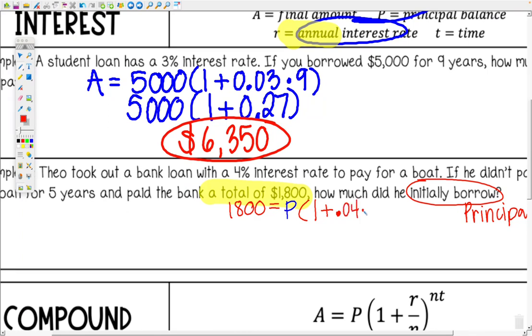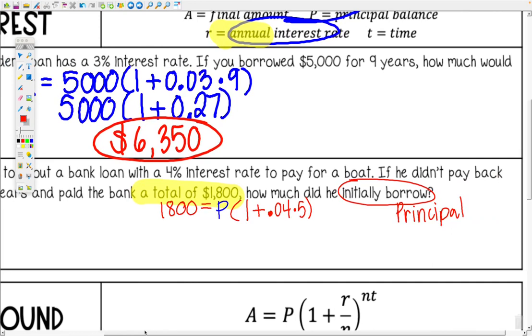And the amount of time was 5 years. Think about this for a minute. When you put this in the calculator, you have to put what's in the parentheses in there. Bring down your 1,800 for your initial step. There's nothing you can do with that on that side, so just bring it down. But on the other side, you want to multiply first, and then add the 1. Tell me what you get.